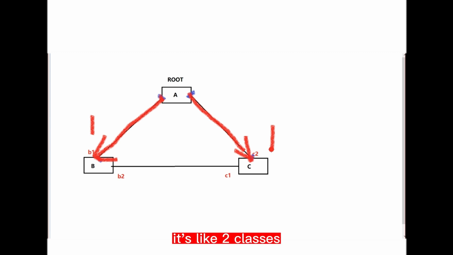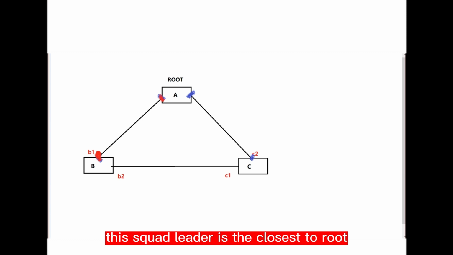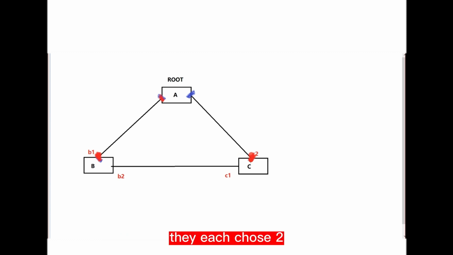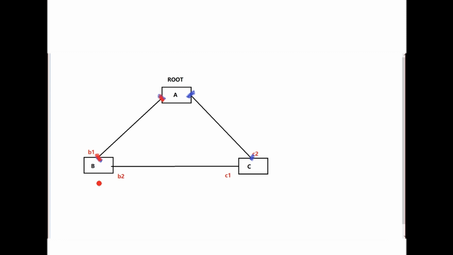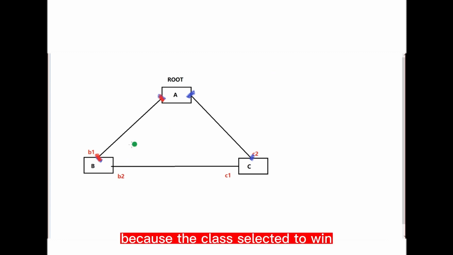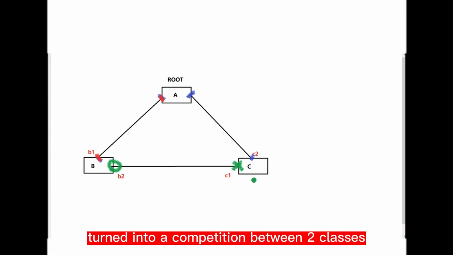It's like two classes. In each of class B and class C, the class leader will be elected first. This class leader is the closest to the root. They each chose 2. But when one day the whole grade has to choose an excellent class, because the class selected to win, its port can become a designated port. The peer port is blocked. So now the competition among the classmates in the original class turned into a competition between two classes.